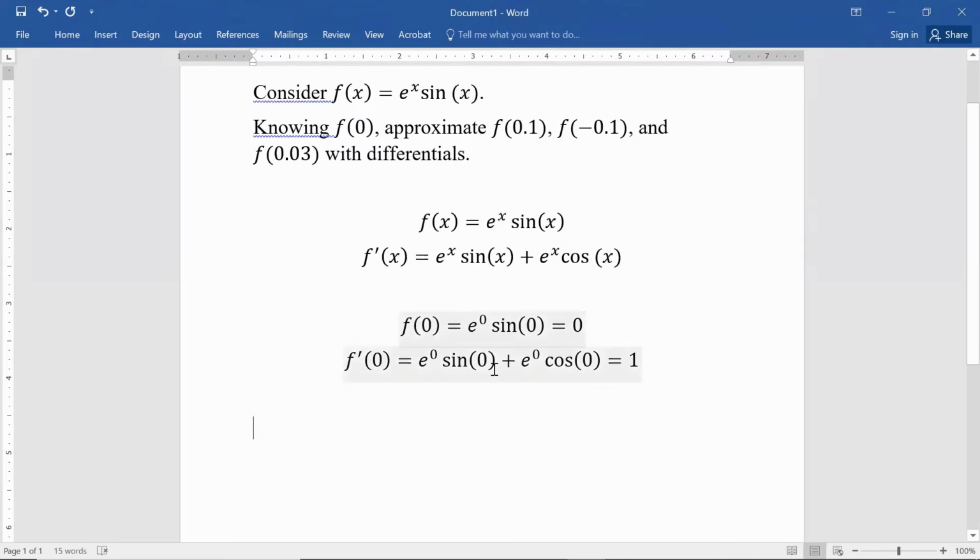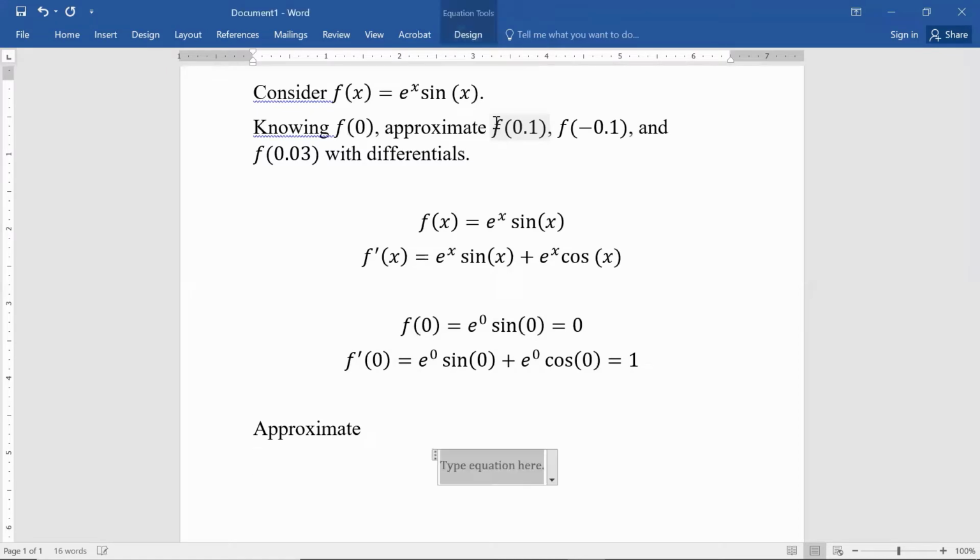Now we can approximate the function values which we are given. Let's begin by approximating f of 0.1. We're going to do so by taking f of 0 and adding f prime of 0 multiplied times dx, the differential.